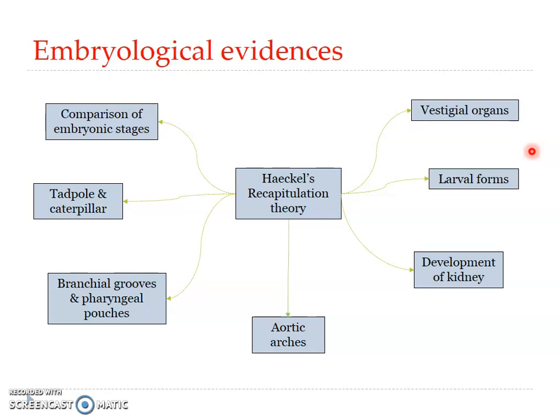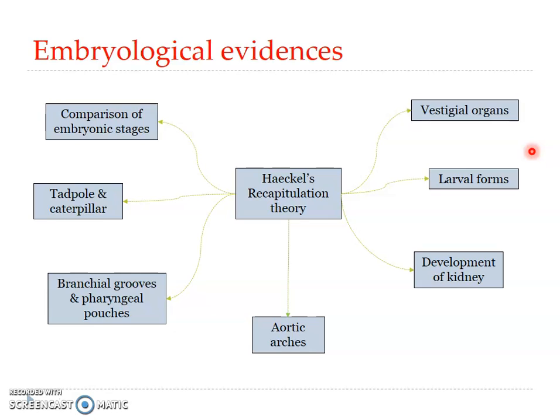This indicates that the ancestors of all these animals looked like or resembled trochophore larvae. So, by producing a trochophore, the present day forms are only repeating the ancestral character. Similarly, nauplius is a larval stage occurring in the development of all the crustaceans. And again, this could also be pointing to the recapitulation of the characters of the lower forms.